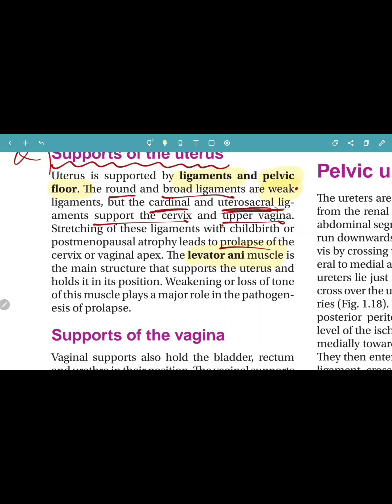The levator ani muscle is the main structure that supports the uterus and holds it in position. So weakening or loss of tone of this muscle plays a major role in the pathogenesis of prolapse of uterus.